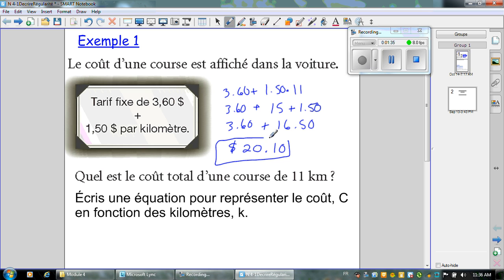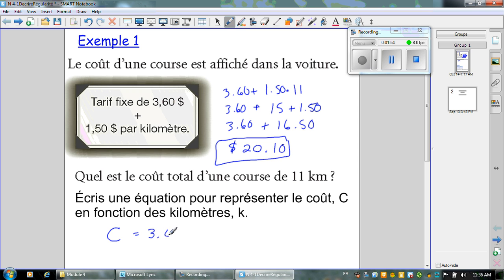Now, we need to write an equation to represent the cost, C, in function of kilometers, K. So the way you do that is you write your total cost is equal, in an equation you need an equal sign, to $3.60.